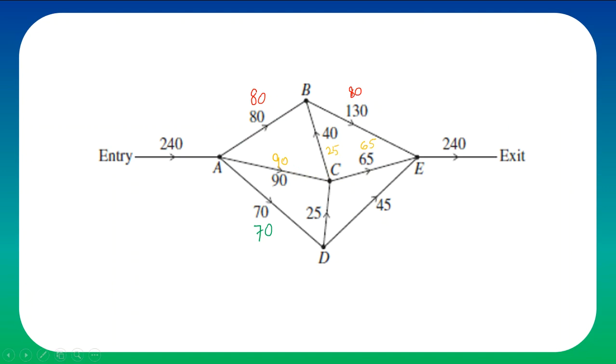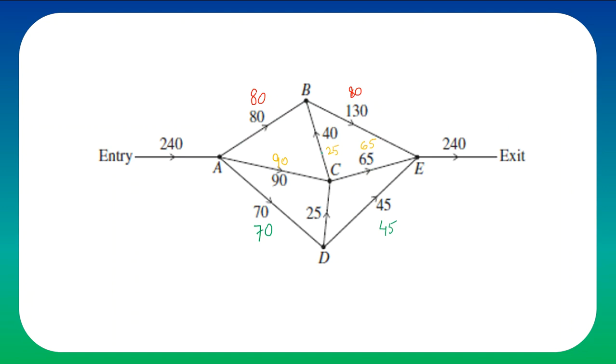Come to the remaining 70. Now with the remaining 70, let's say these 45 pass through here. Okay, 45 go through. How many are remaining after 45 go through? So 25 are remaining, right? So if 25 pass through here, there would be a problem, because if the 25 pass through, no one can go here because this is all utilized. 65 is all utilized.